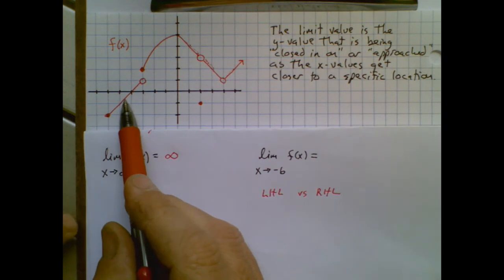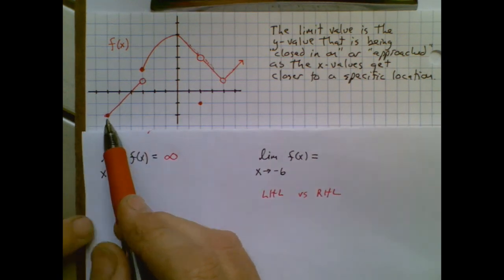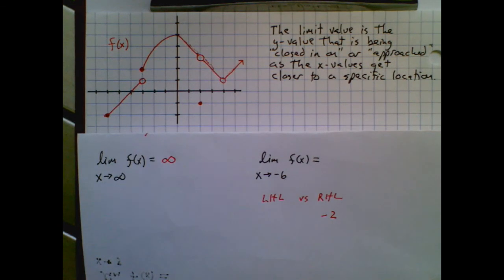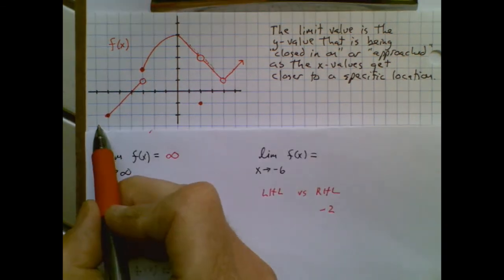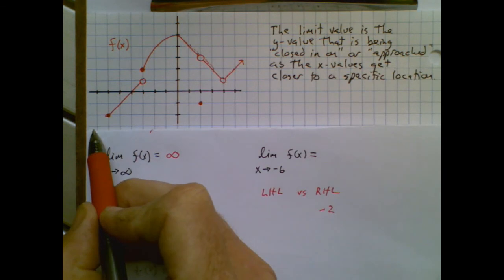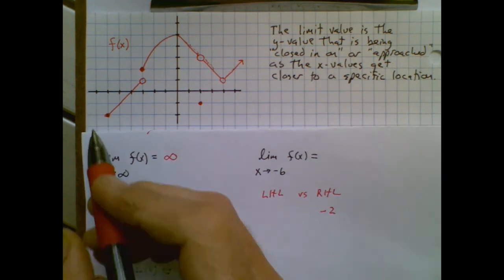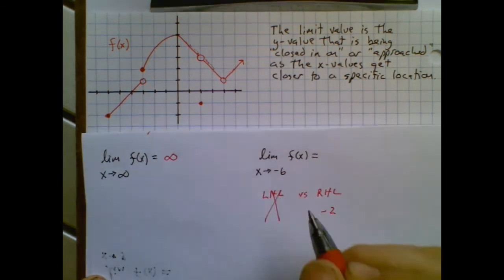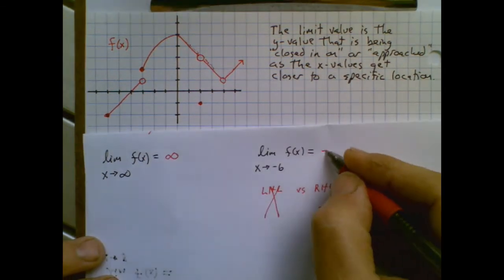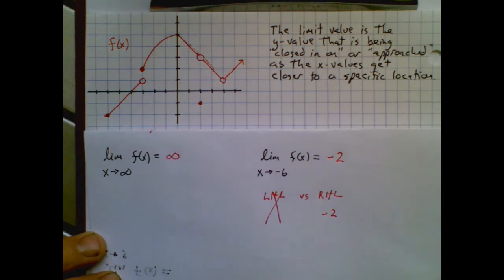I'm going informal here. The right-hand limit is -2. But the left-hand limit is weird because I can't get to the left side of that point. There's nothing over here. So, in the case of an endpoint, you don't worry about it. You just take whatever you have, and in this case, my answer is -2.